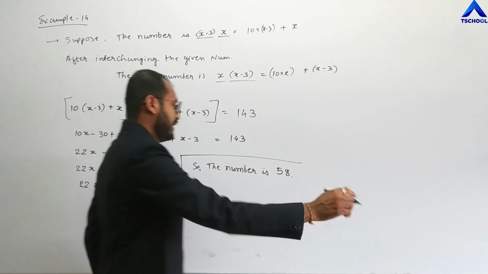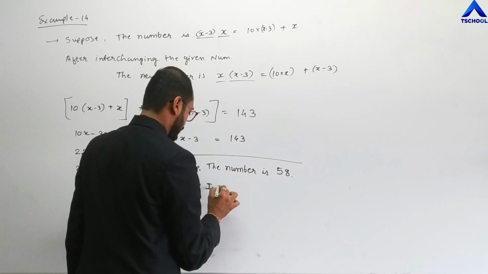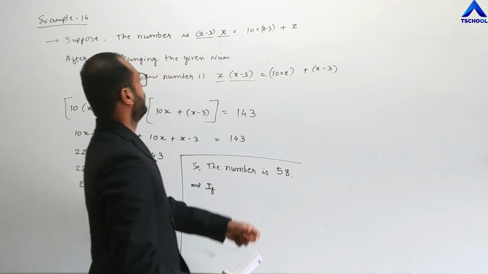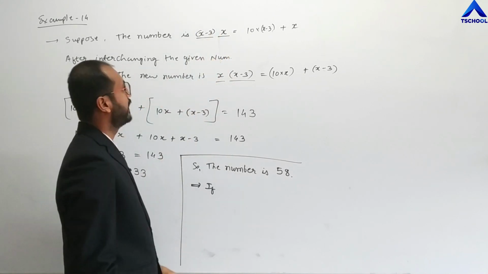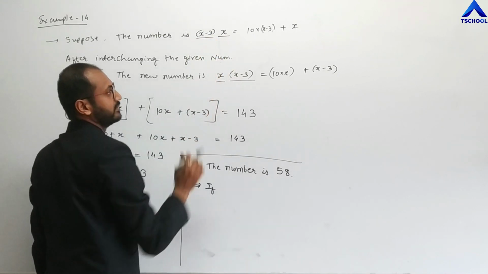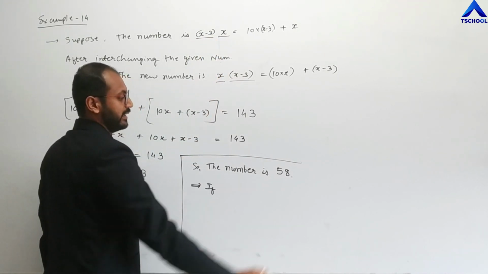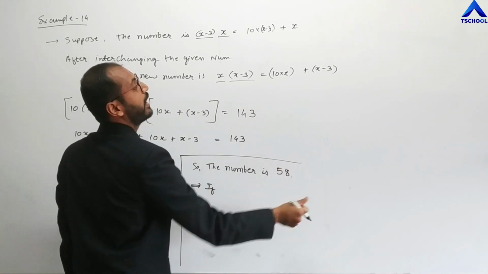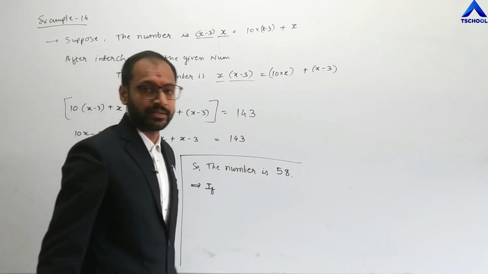Here, if you consider instead of this the number is x plus 3 and x, then what answer do we get? Here this answer is 85. And both answers are correct.